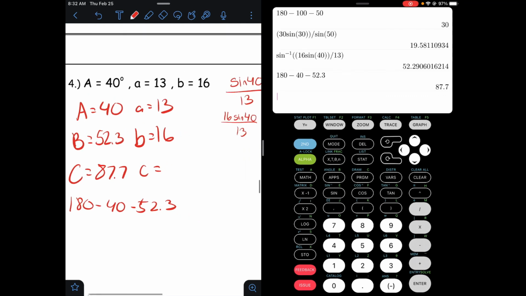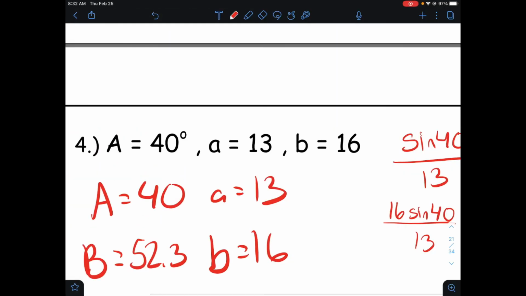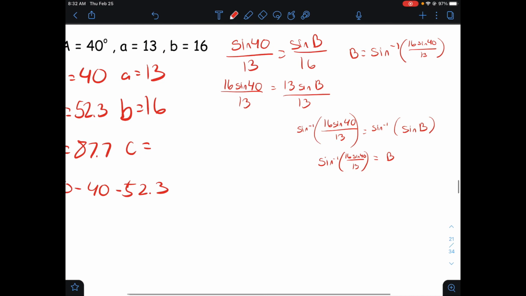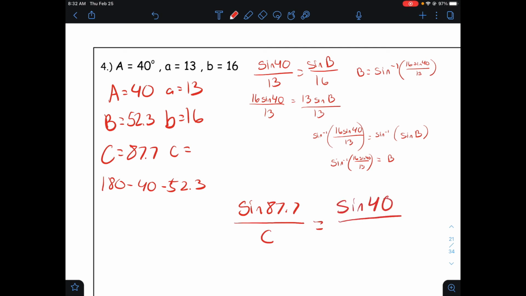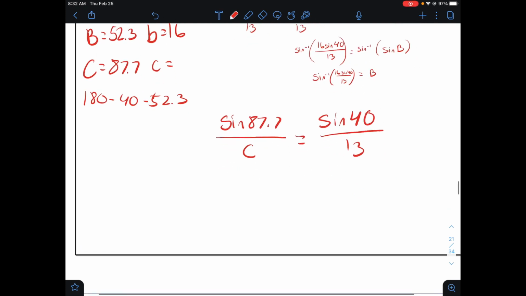So we can set up another proportion to solve for side C. We've got sine of 87.7 all over C. We don't know what that is. And then we've got to use either A or B to help us out here. We'll use A. So we do sine of 40 all over 13. We'll cross multiply.